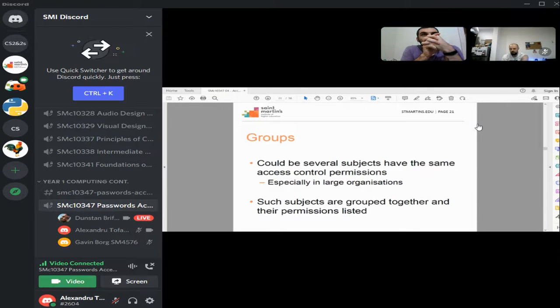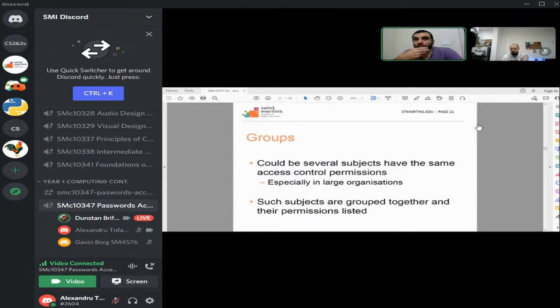Now, this is nice, but it is inefficient when we consider them individually. And the simple case is that, for example, you've got a group of students, let's invent, you've got 100 students.